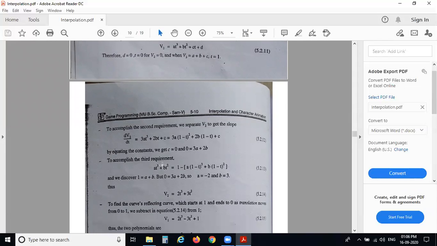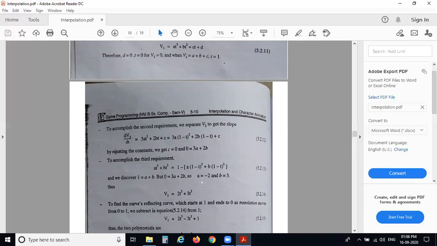So to accomplish the third requirement, we get at cube plus bt square, which is equal to 1 minus the remaining terms taken in the bracket. So just see here, a in bracket 1 minus t cube plus b into 1 minus t square. And we discover by solving this equation, we take it as 1 is equal to a plus b, but 3a plus 2b is equal to 0.